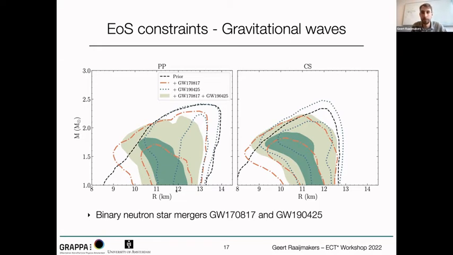But in terms of tidal deformability, it actually didn't give us that much information. And then in green is the combined posterior distribution of the two gravitational wave events. So the takeaway here is that in general, the gravitational wave constraints are pushing us a little bit towards softer equations of state or lower radii.